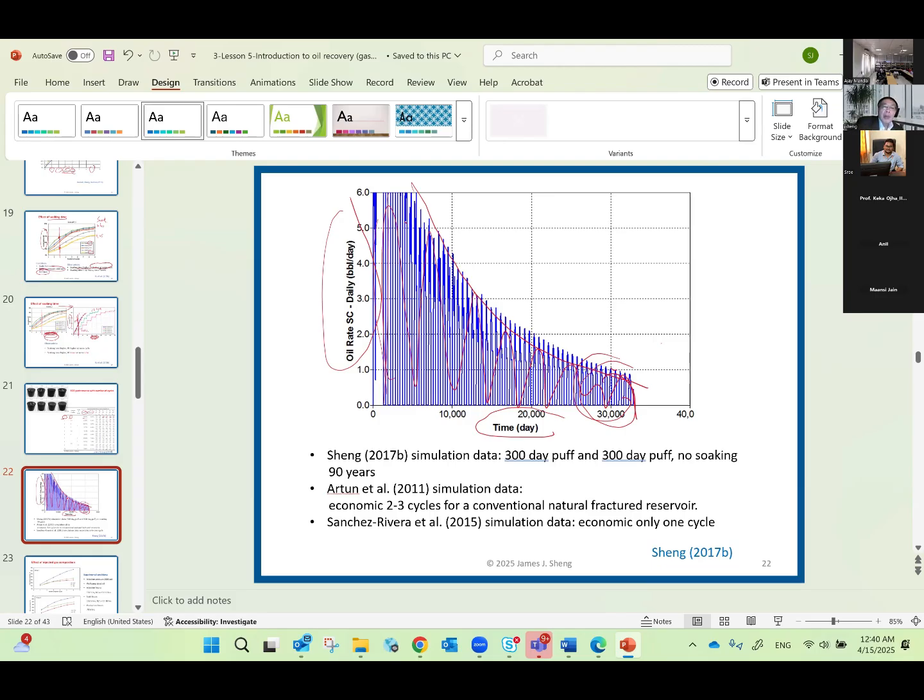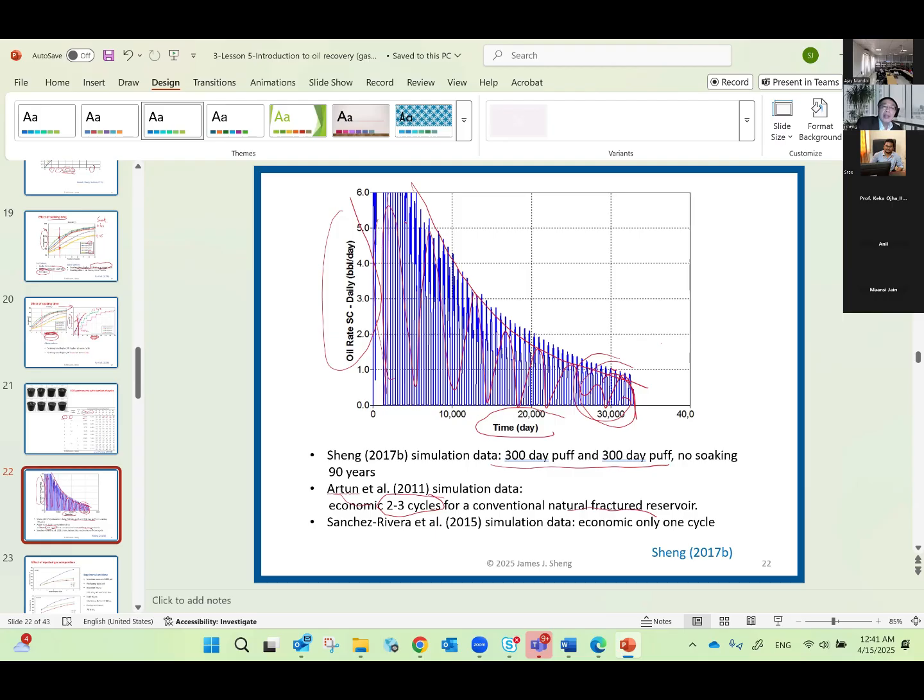This is simulation data. What about other people's work and the field? Their work shows that in a real, naturally fractured reservoir, only 2 to 3 cycles are economic. In other words, if you repeat more cycles, it's not going to be economic.